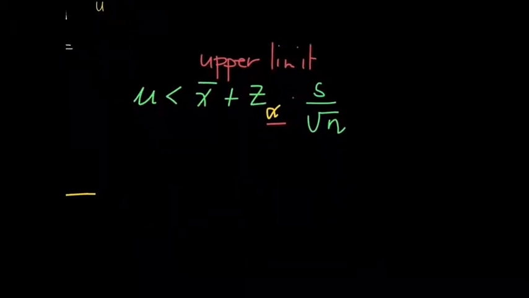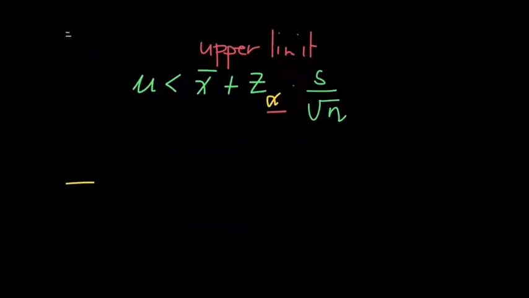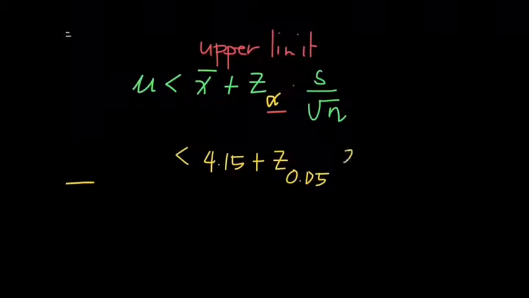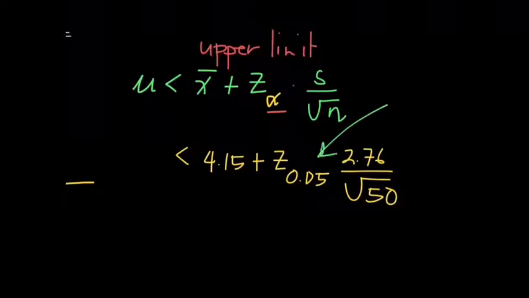So this upper limit must be x bar, which is equal to 4.15, plus the z of alpha, the z of 0.05. Let's write that down first. And then the s to be 2.76 over the square root of 50. Now the z of 0.05 is equal to 1.645.